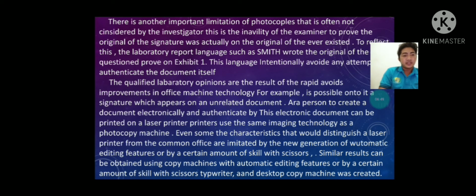Even some of the characteristics that would distinguish a laser printer from the common office copier are limited by the new generation of automatic editing features. Similar results can be obtained using a copy machine with automatic editing features or by a certain amount of skill with scissors, typewriter, and desktop copy machine.